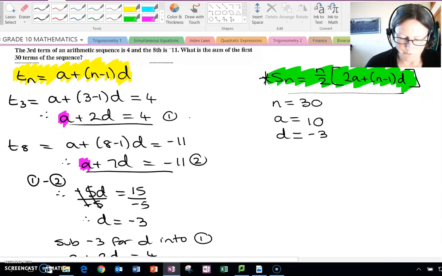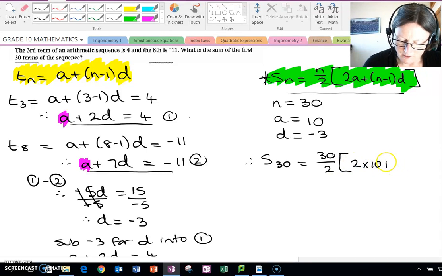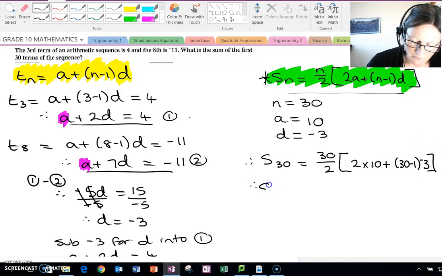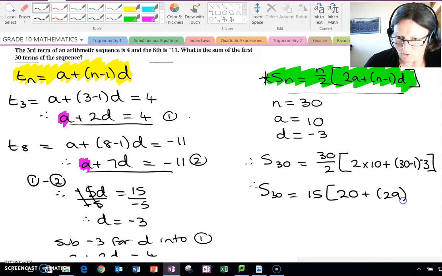So into this green formula, we say the sum of the first 30 terms is equal to 30 over 2, because n is 30, times 2 times 10, because A is 10, plus 30 subtract 1, n is 30, times by D, which is negative 3. So then the sum of the first 30 terms is equal to 15, 30 divided by 2, times 2 times 10 is 20, plus 29, 30 minus 1, times by negative 3.